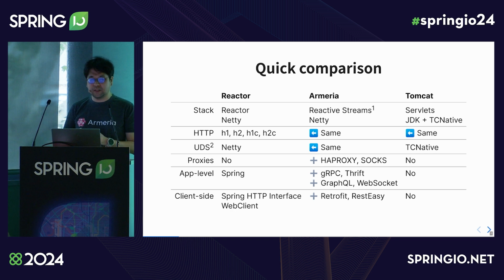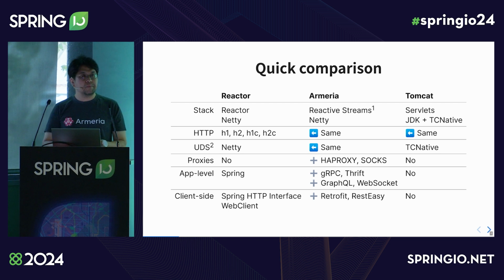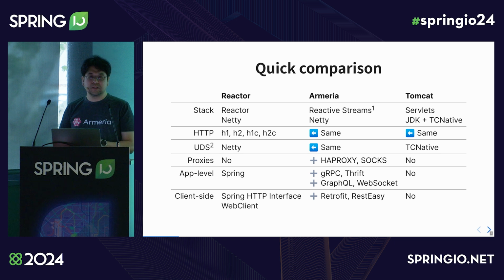Netty is a de facto standard for high-performance networking in Java, as you know. And the Apache Tomcat, on the other hand, implements the Jakarta EE servlet specification using the standard Java API for networking. And you can also use a native library called TC Native to accelerate certain functionalities like TLS and cryptography.